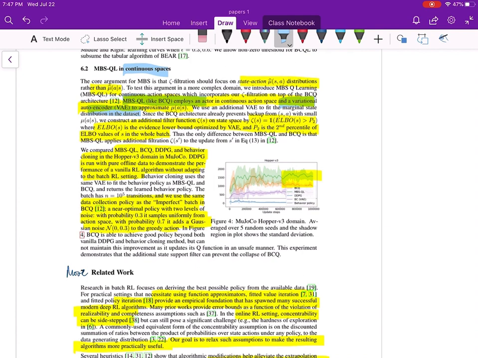The filter function is the evidence lower bound of the VAE. P2 is the second percentile of the ELBO. I won't go into the details.